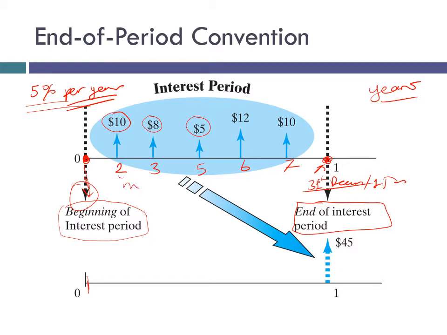These are the months, okay? Let's say. So the year is not completed yet, but the interest is given in terms of years. So it means that for this amount, for this amount, for this amount, you will not earn any interest. You will earn interest at the end of the interest period.